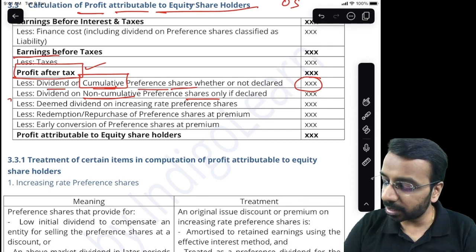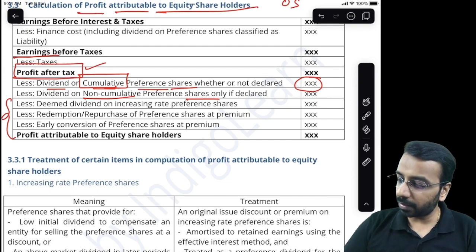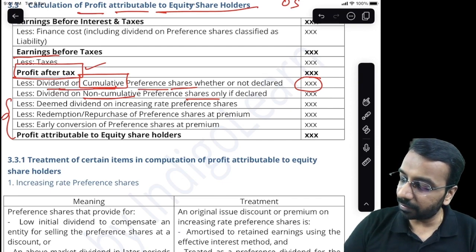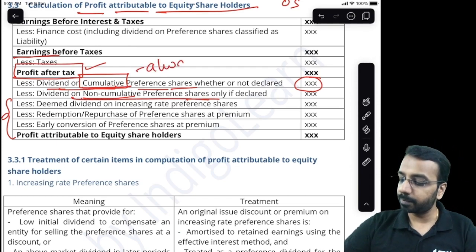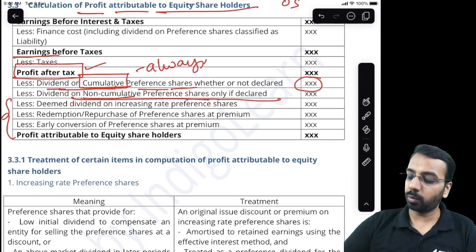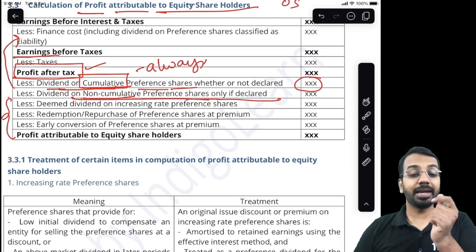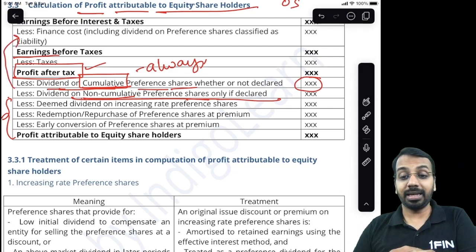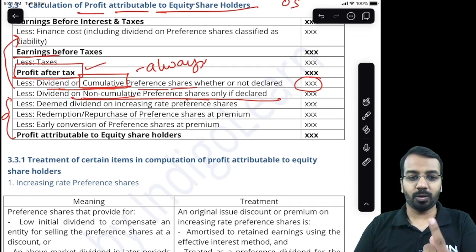Then there are some other adjustments to be done in case of preference shares that we'll understand. But apart from these, basically dividend for both cumulative and non-cumulative preference shares. Cumulative always, non-cumulative only if they are declared. One thing you have to keep in mind, if this is already a part of finance cost, when we treat preference shares as liability and we charge finance cost on that, you don't do double deduction, you only do deduction once, right?